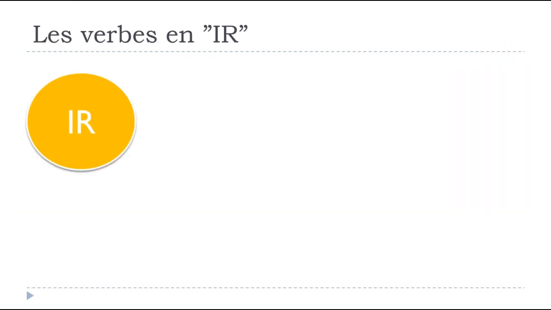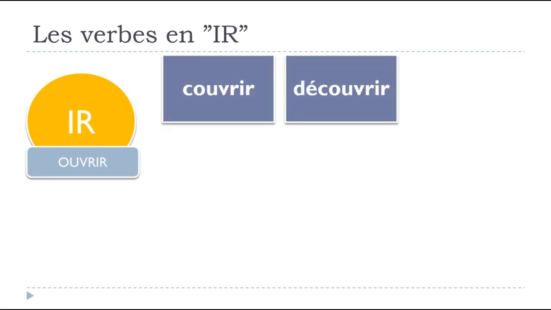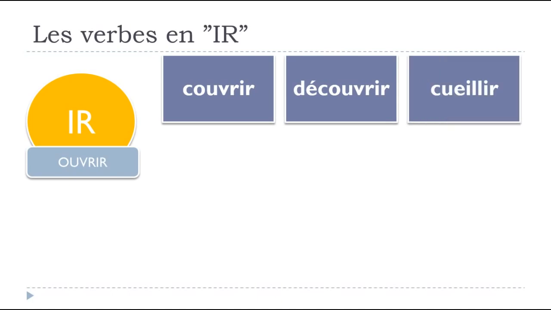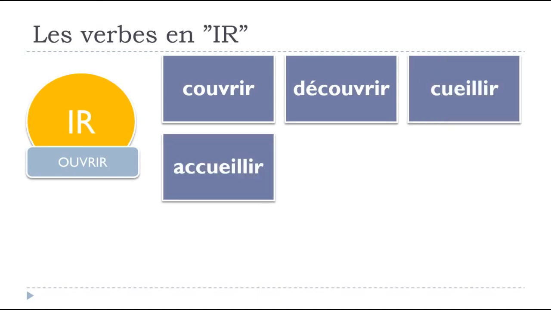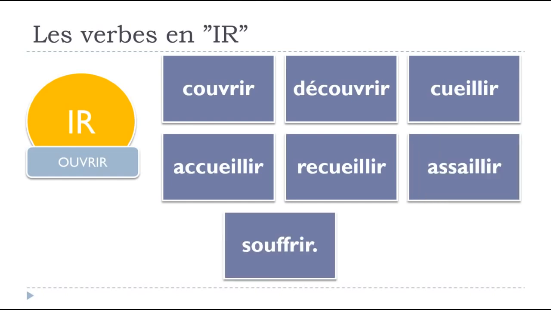Now we'll see a few verbs that will be conjugated the same way ouvrir is: couvrir, découvrir, cueillir, accueillir, recueillir, assaillir, souffrir, and a few others. These are the main ones.